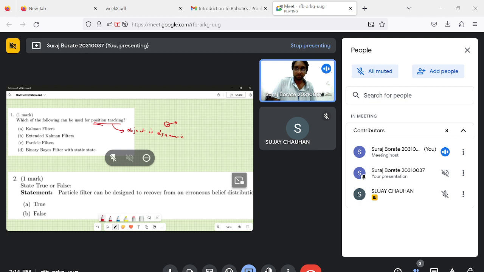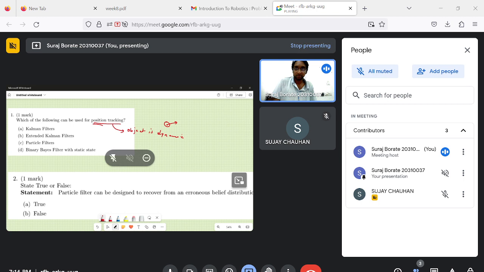Okay. See, position tracking can be done with Kalman filter also, right? So there is something different over here. If you see Markov localization and Kalman filter, see what states are being updated in Kalman filter and what states are being updated in Markov localization. In which algorithm are more states being updated?